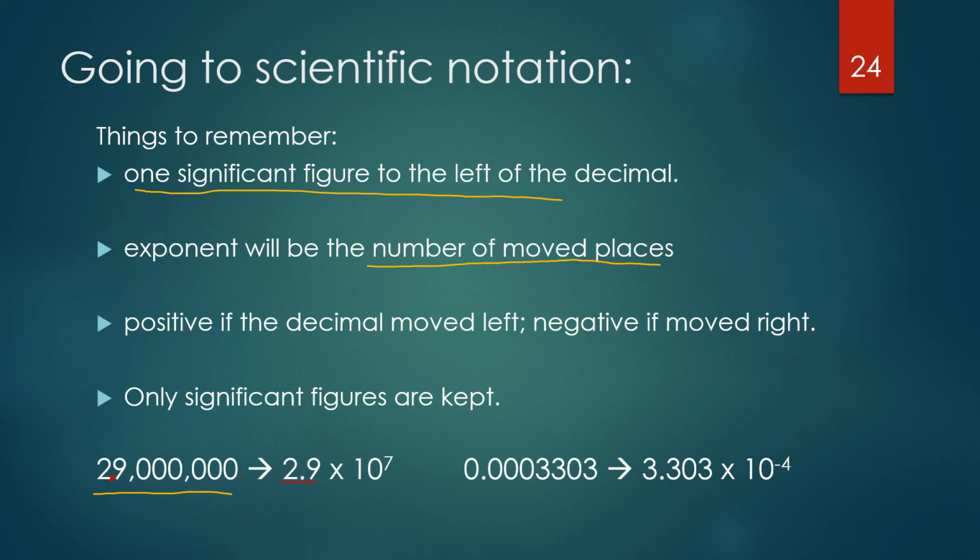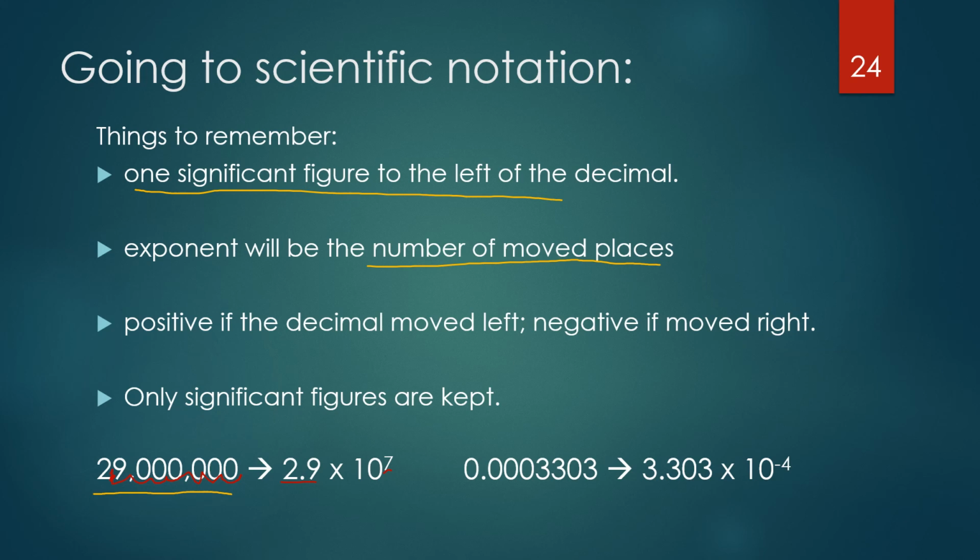I'm going to start at the end of the number and start moving this decimal until I get it between the 2 and the 9. So I have once, twice, 3 times, 4 times, 5 times, 6 times, 7 times. So I have to take that decimal at the end of the number and move it 7 times to get it between the 2 and the 9. So that's how I get an exponent of 7.